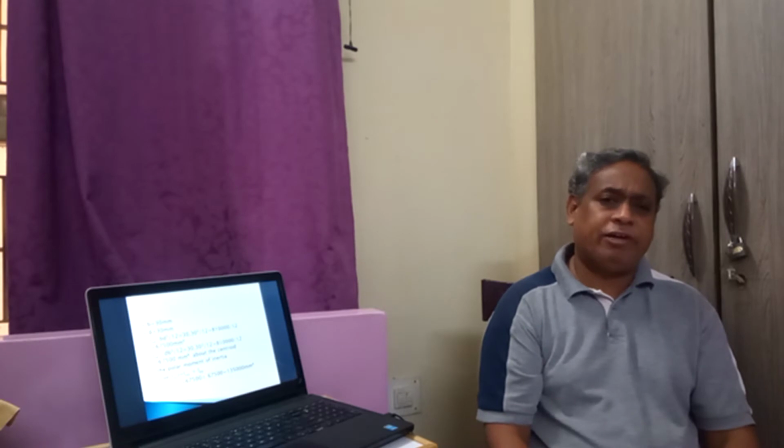If we want to find the Izz or J, that is the polar moment of inertia, simply we add Ixx and Iyy. Therefore, J is equal to Ixx plus Iyy, that is 67,500 plus 67,500, which comes to 135,000.